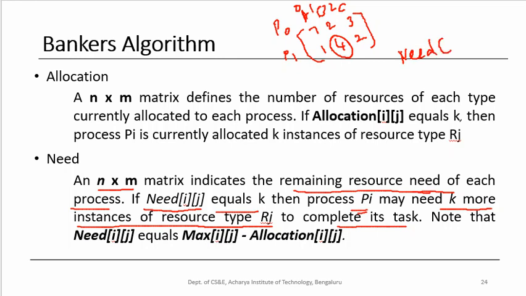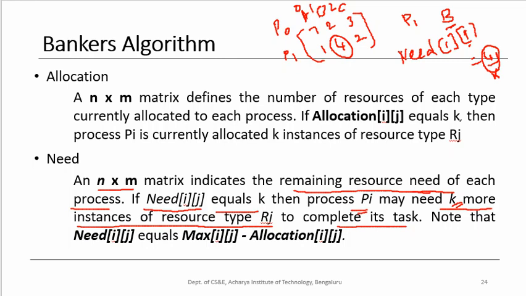Need of row number 1 means it is the need of process P1. What is the column number? That is 1. That is equal to 4. 4 is k here. So process P1 needs 4 more instances of resource type 1, which is nothing but resource type B. That's the meaning. So this is another data structure which is used by the banker's algorithm.